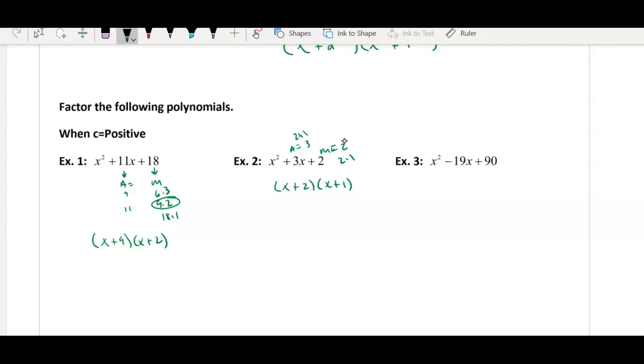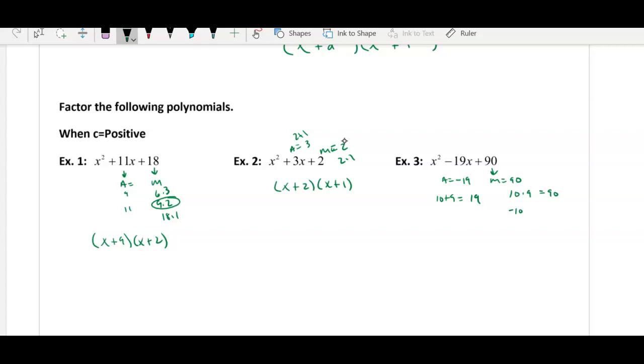Now, the next one: what multiplies to give us 90 and adds up to give us negative 19? There's a lot of numbers that multiply to give you 90. But if we think about it, 10 and 9 multiply to give me 90, and when I add them up, it would give me 19.